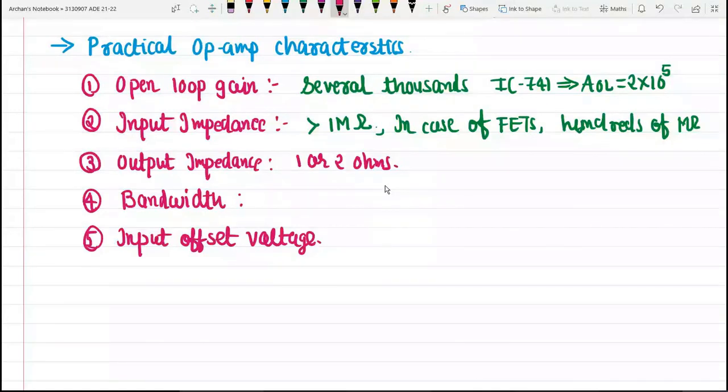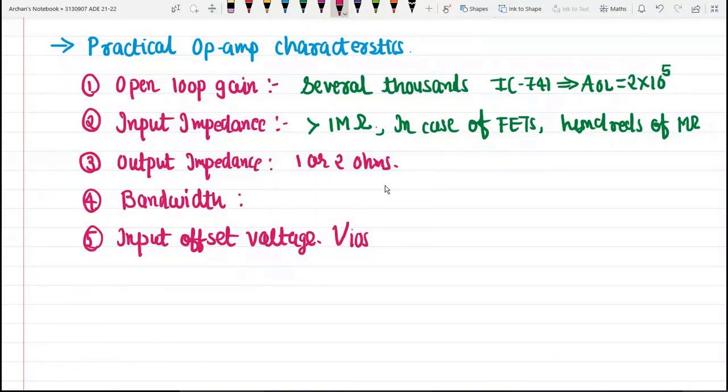So whatever voltage we have applied, that DC voltage which makes the output voltage 0 when the other terminal is grounded is called input offset voltage, which is denoted as VIOS. Okay. Now, how much voltage to which terminal and with what polarity to be applied is specified by the manufacturer in the datasheet.